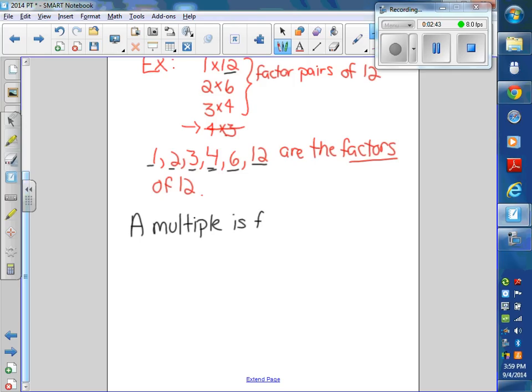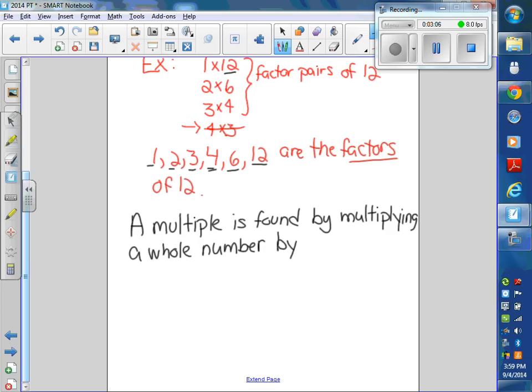is found by multiplying a whole number by all the counting numbers.